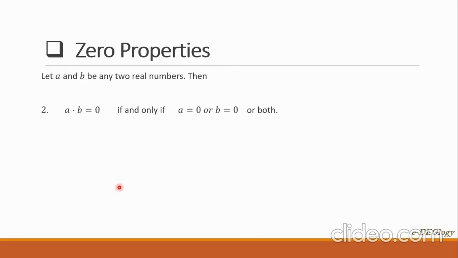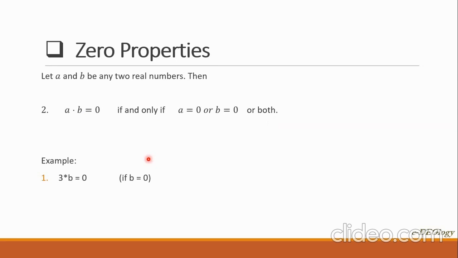The second property for 0 is when we have a times b equals 0. This statement will be true if and only if a is equal to 0, or b equals 0, or both are zeros. One example here is 3 times b equals 0.